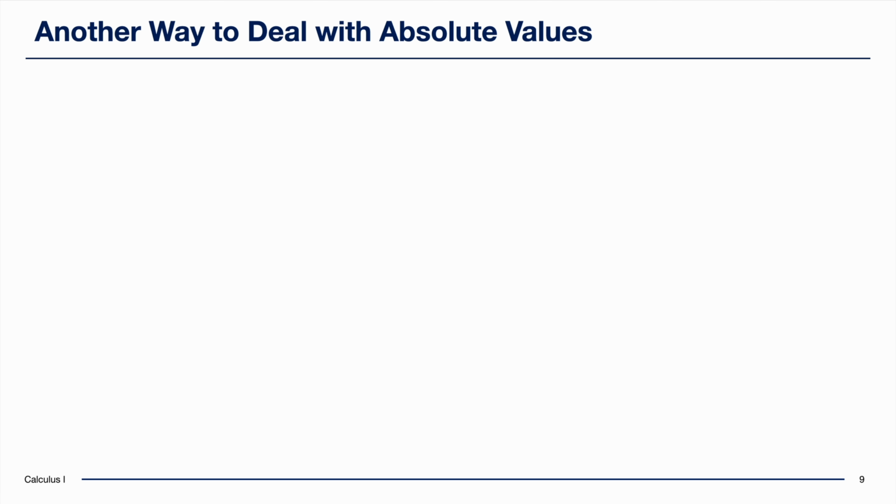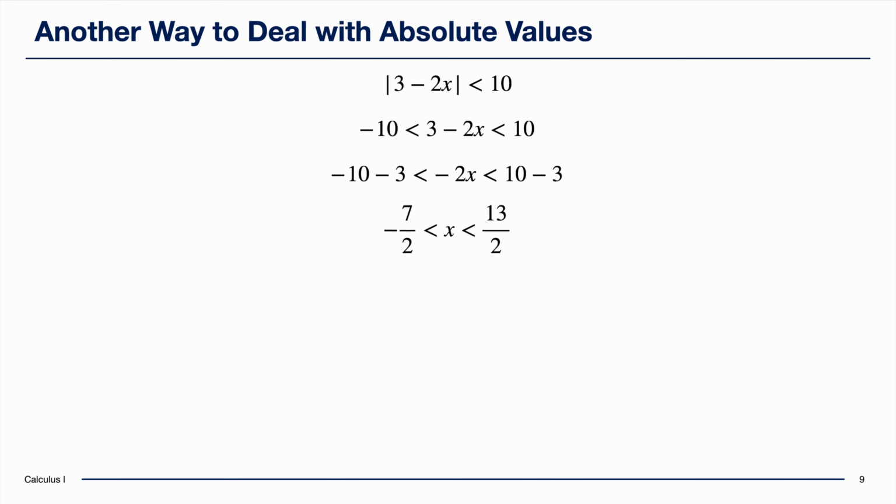Now there's another way we can deal with the absolute value. Remember, we have the absolute value of 3 minus 2x is less than 10. We can simply put negative 10 on the left side of the inequality, which will get rid of the absolute values. Try to convince yourself that this is true. All you need to do is break the absolute value into its two cases and then apply the transitivity axiom. We can then subtract by 3 throughout the inequality and divide by negative 2.